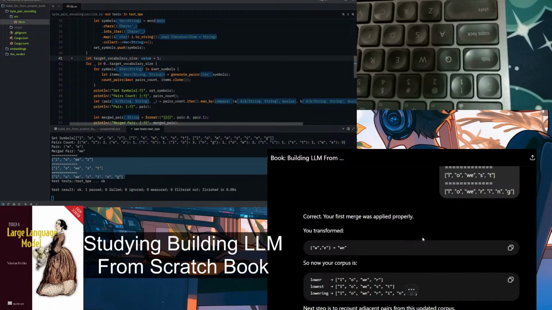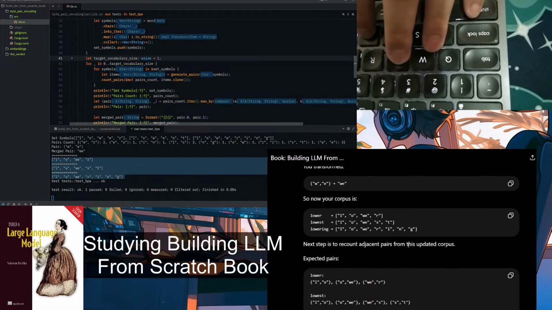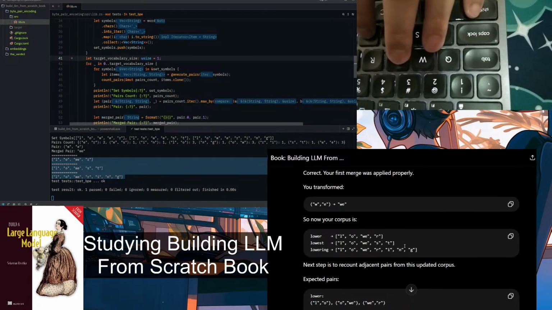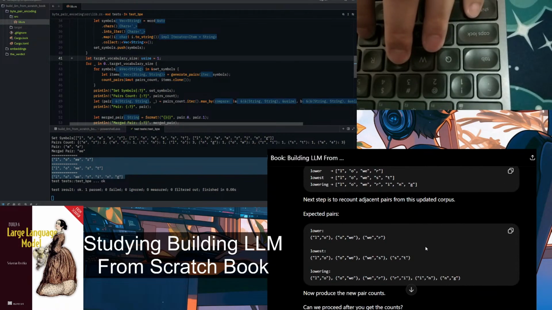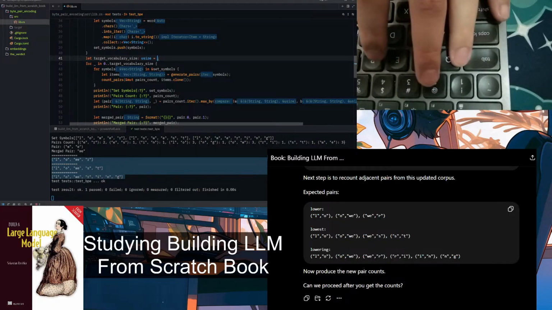More than 5 na ako. More than 5. Ito yung corpus ko, ano. Next is recount the adjacent. Yeah, I actually did this.